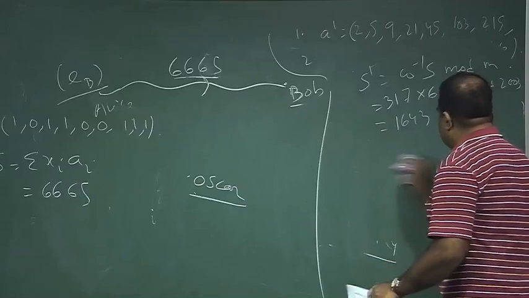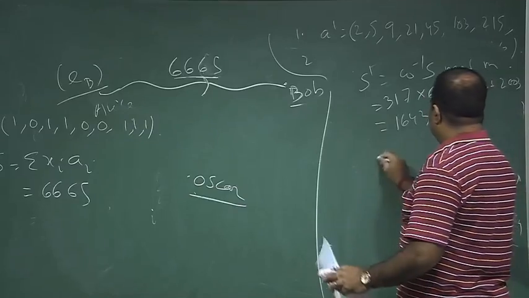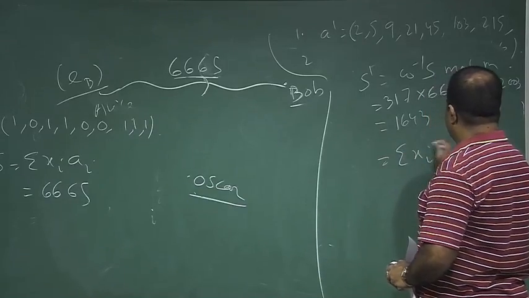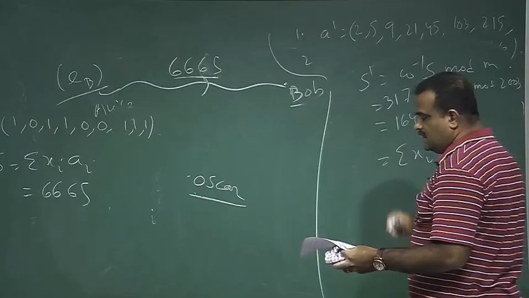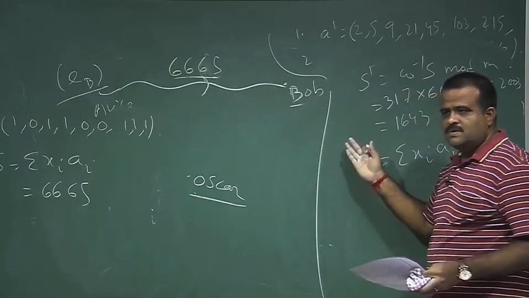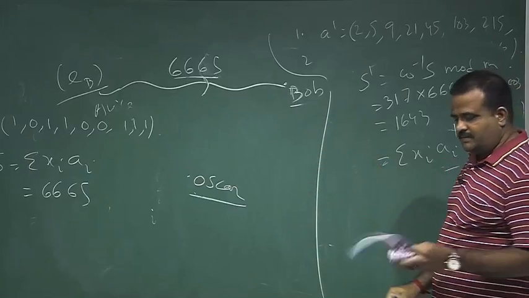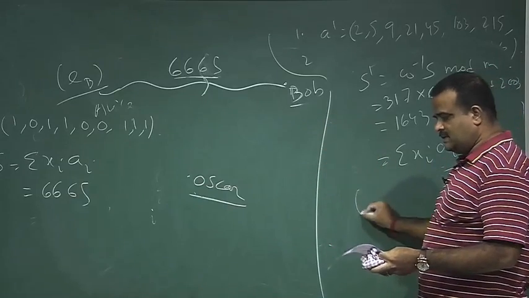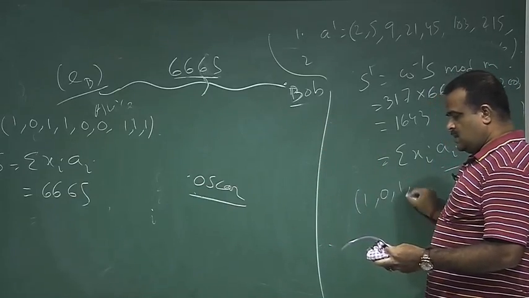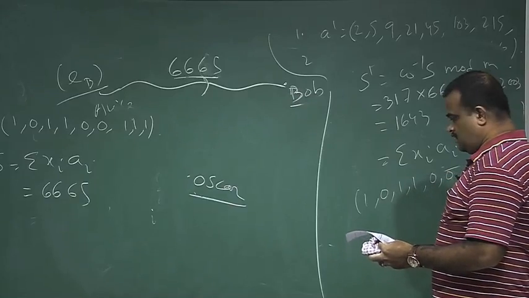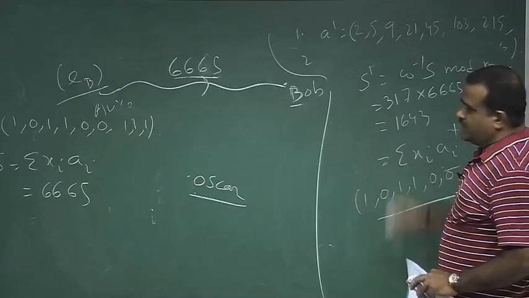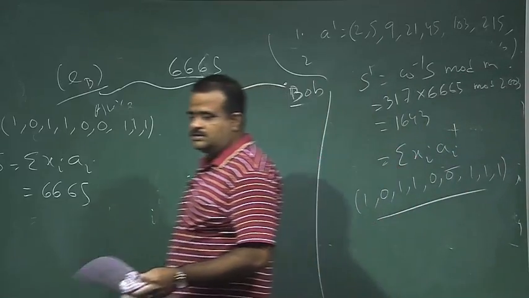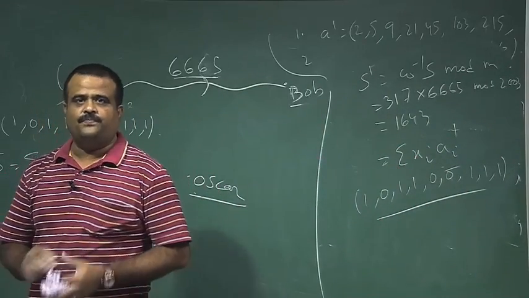So now we know this is the summation of xi ai prime, where this sequence is super increasing. Now Bob can apply the polynomial time algorithm which we have seen, and Bob can get the plain text 10110011. So this is the decryption. So this is the knapsack cryptosystem. Thank you.